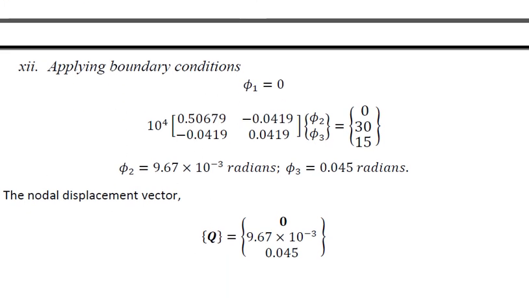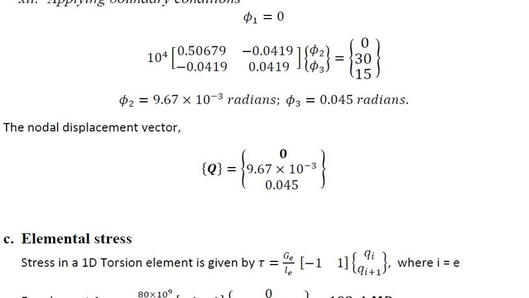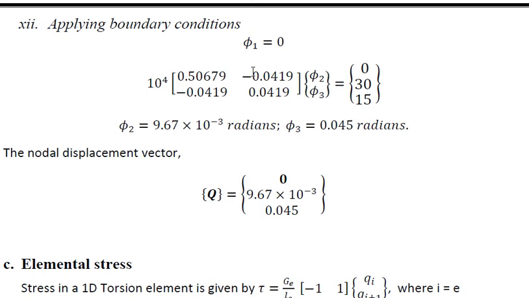After eliminating them, we will have these equations where only pi 2 and pi 3 are unknown. After solving for pi 2 and pi 3 using the equations, that is in the calculator, you will get 9.67 10 power minus 3. Since it is the rotation, we have to keep it in radians. Pi 3 is 0.005 radians. It is rotation about the x-axis. Finally, we represent the displacement vector like this.